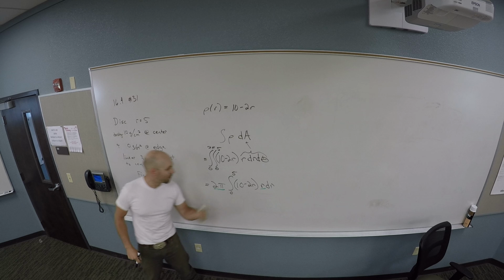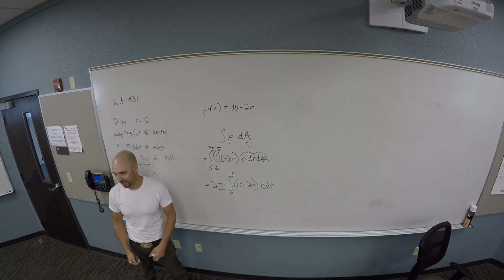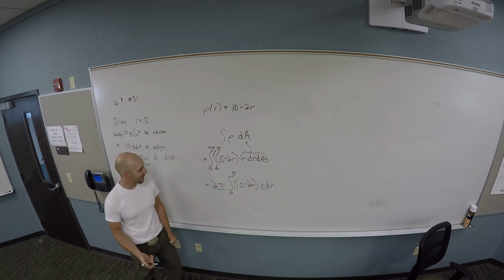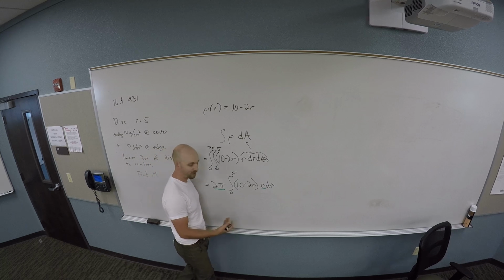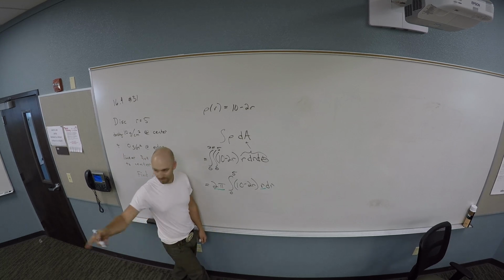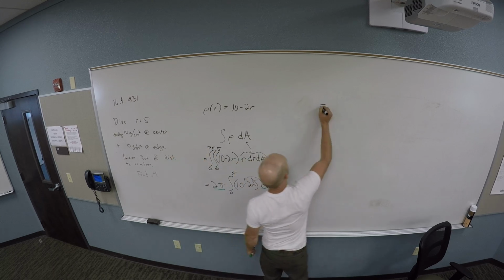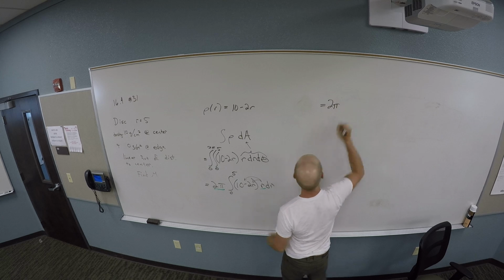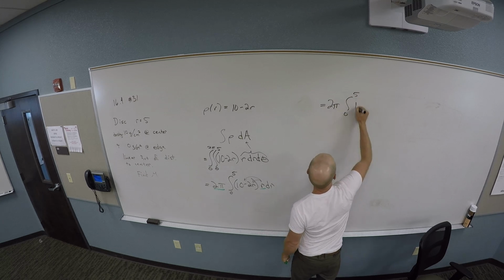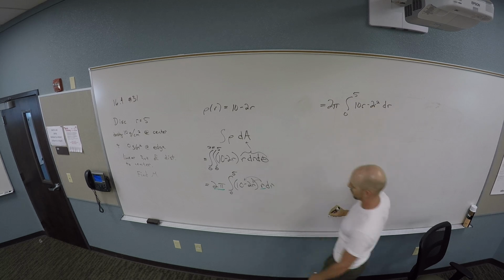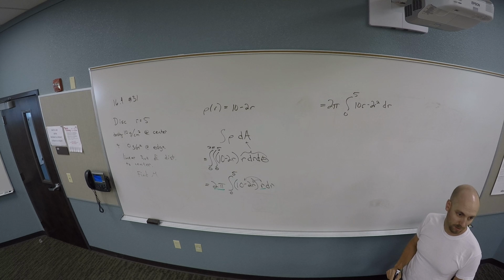Okay. How about actually finishing this thing off? What do I need? Take the integral of that r. Yeah, I need to anti-differentiate. To anti-differentiate, what do I need to do? I should distribute a little bit. So I'll get 2 pi, the integral from 0 to 5 of 10r minus 2r squared dr. Okay, then what?